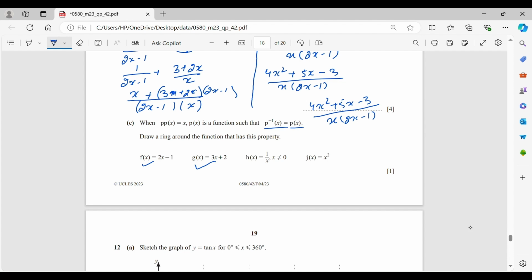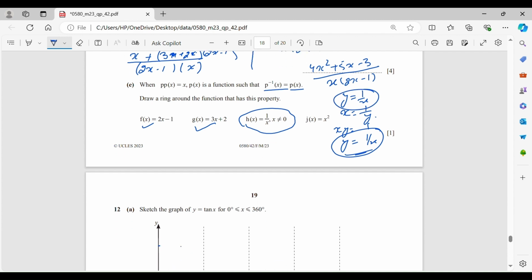So we have to draw the ring around the function that has this property. Let us check. Let y be equal to 1 by x, then exchange it, x will be equal to 1 by y, right? So xy will be equal to 1, and again y will be equal to 1 by x, right? Inverse, same. So it will be our answer.